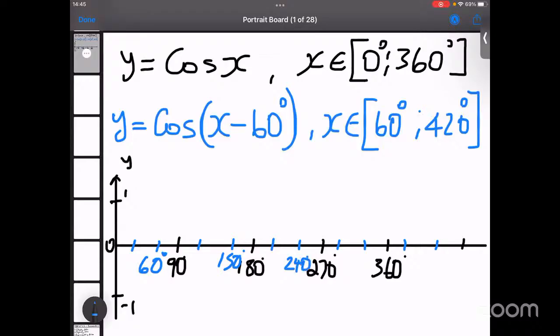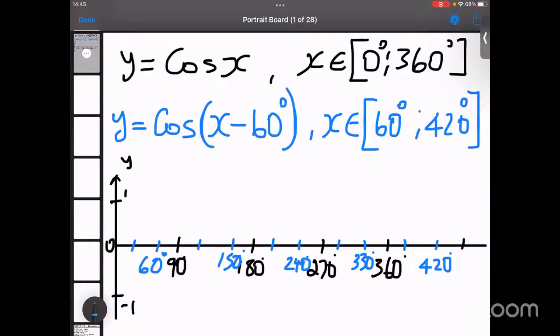You add 90 again, it takes you to 330 degrees, and another 90 takes you to 420 degrees. So these are the critical points that you need, honorable member.